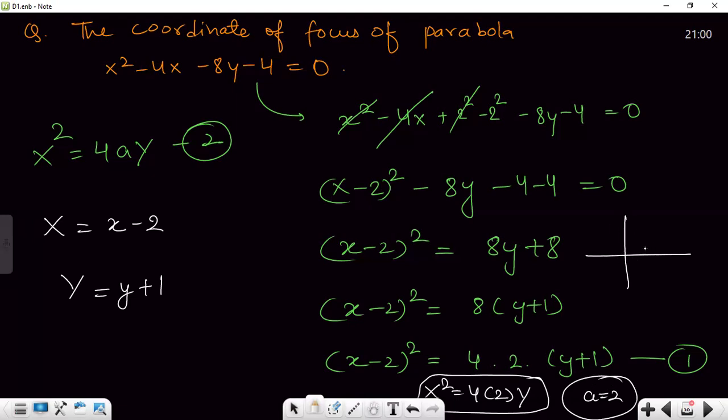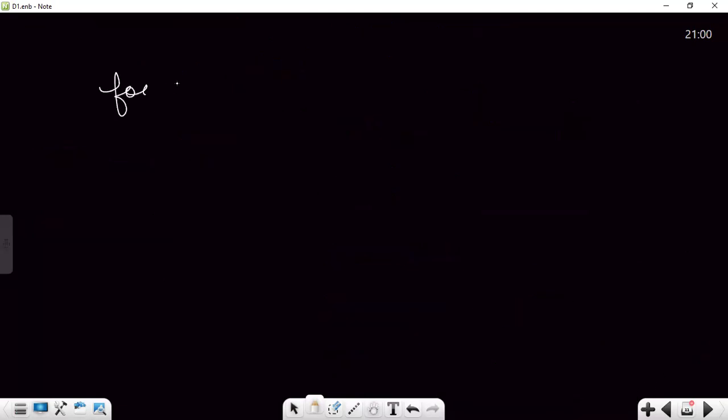So what is the coordinate for focus? X square is equal to 4aY. 4 into 2 into Y means Y is always going to be positive. So the parabola will open upward like this, and the focus will be 0, 2. So the focus here is 0, 2.